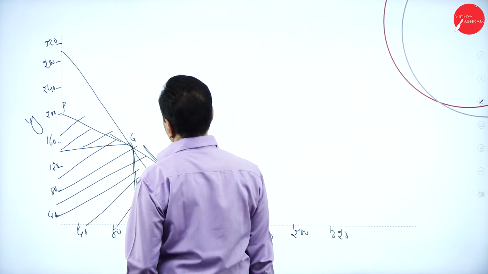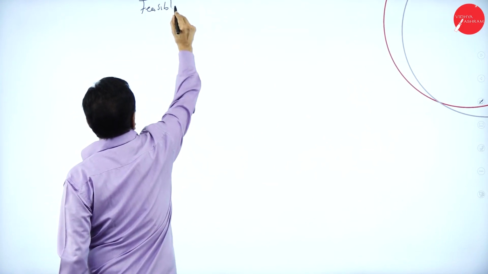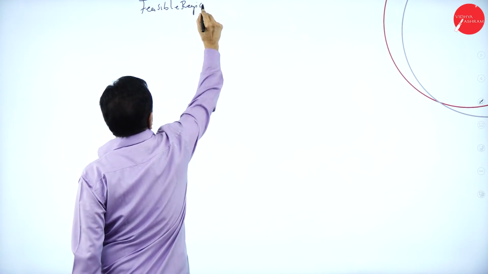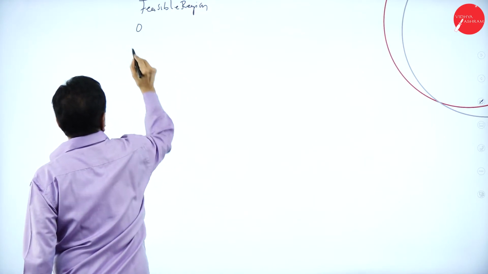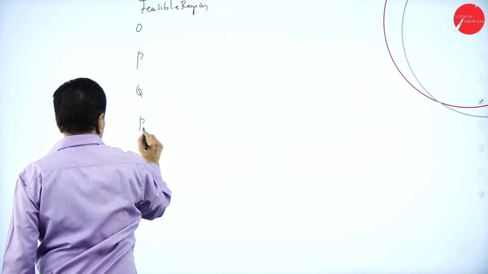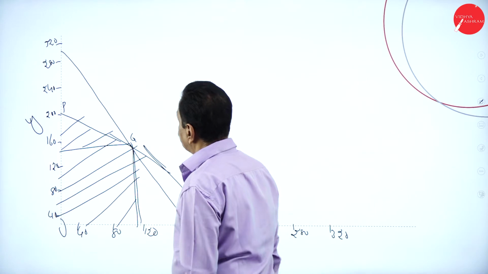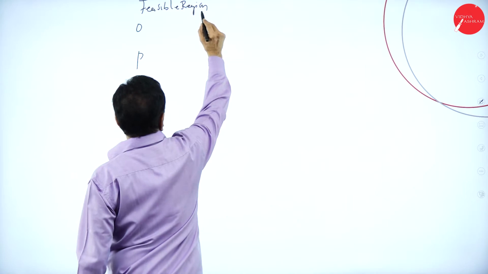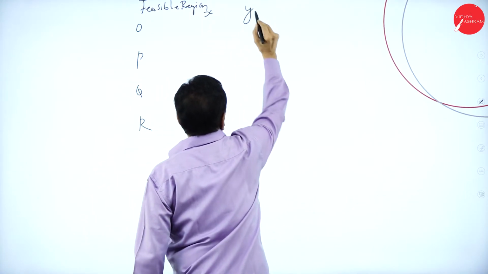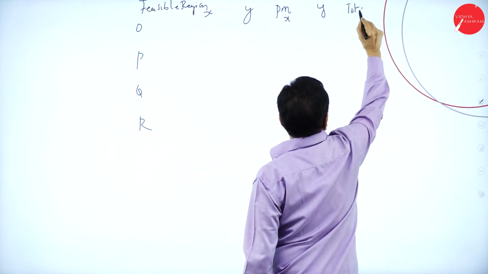So, feasible region, O, P, Q, R. So, values are here, X number of units, Y profit, X, Y total.